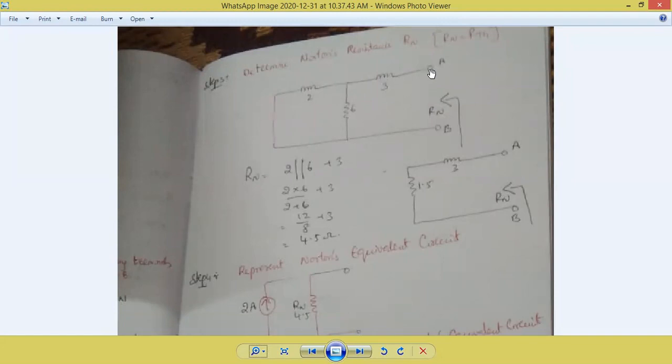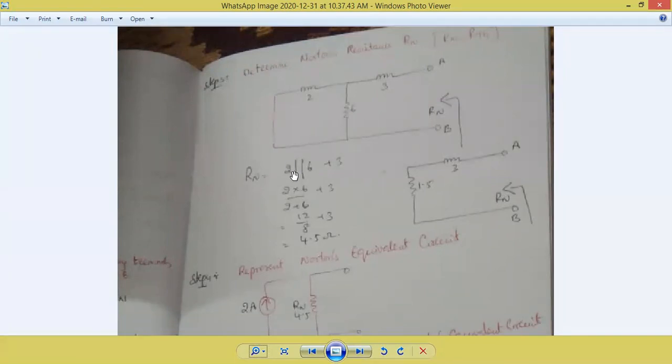Yes, very good. So assume that current starts from the terminal A, flows towards the junction and divides here into 2 and 6. If the current divides, then the resistors are connected in parallel. So first we write 2 parallel 6.